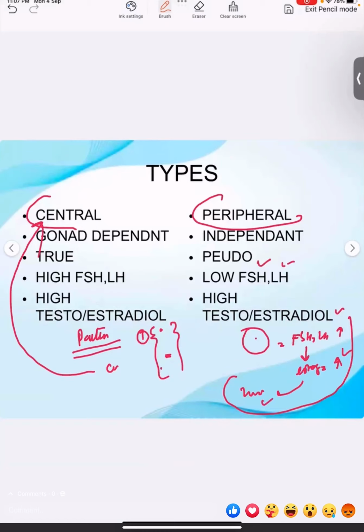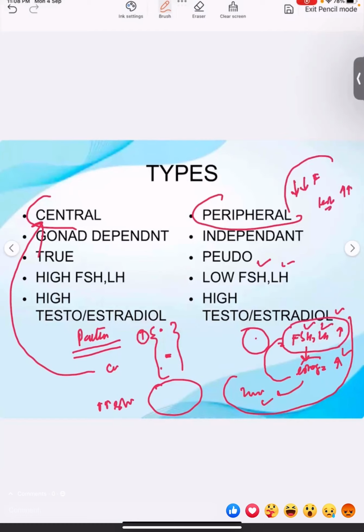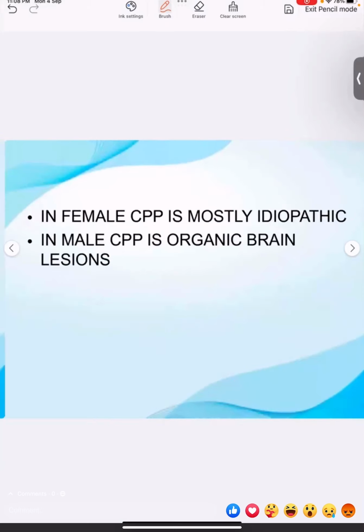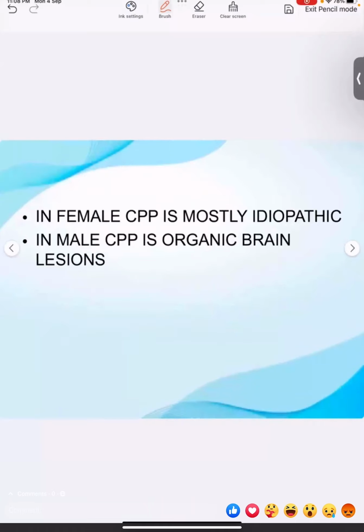For peripheral precocious puberty, the problem is in the periphery, where the estrogen level is increased. This has a negative feedback effect on FSH and LH, so FSH and LH levels are decreased, but the testosterone level is very high. This is peripheral precocious puberty. Clear?